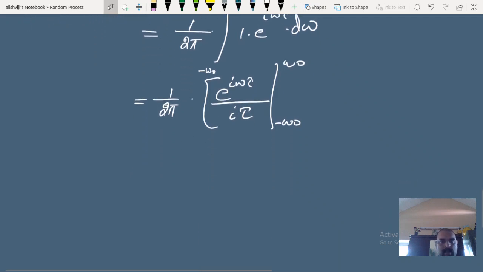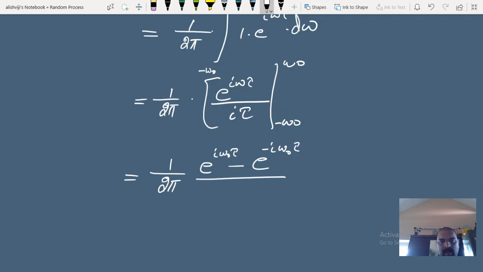Now substituting the upper and lower bounds, from the upper bound it is e raised I omega naught tau divided by I tau. This I tau is common for both, so we can take it as a single factor, minus e raised minus I omega naught tau divided by I tau.